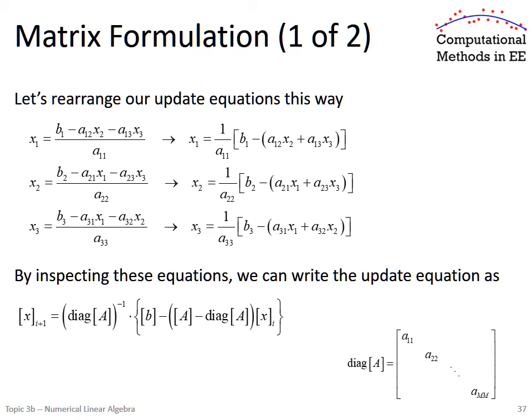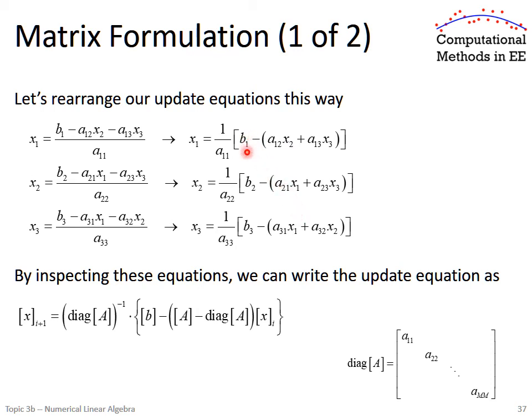So it's our original equations minus the diagonal terms. So we can write this in matrix form as our original matrix A minus the diagonals in A. So now we'll have A again, but just zeros running down the diagonal, and that multiplying our x column vector.